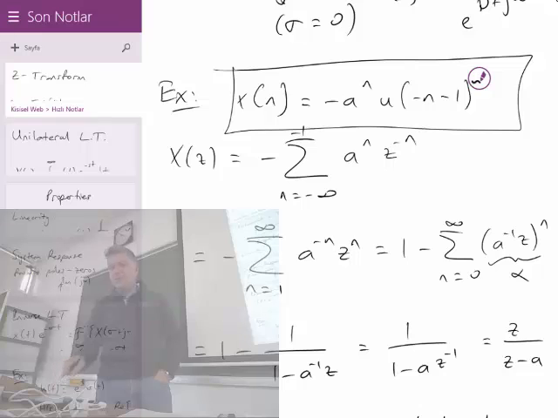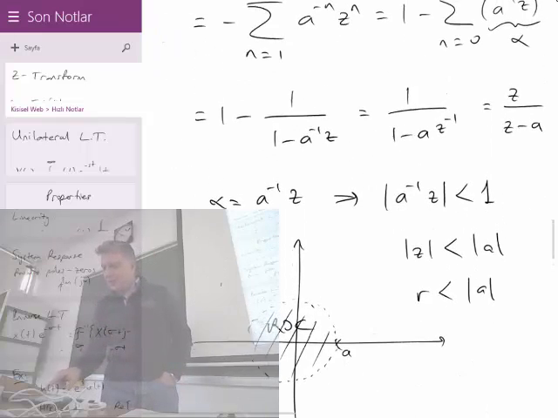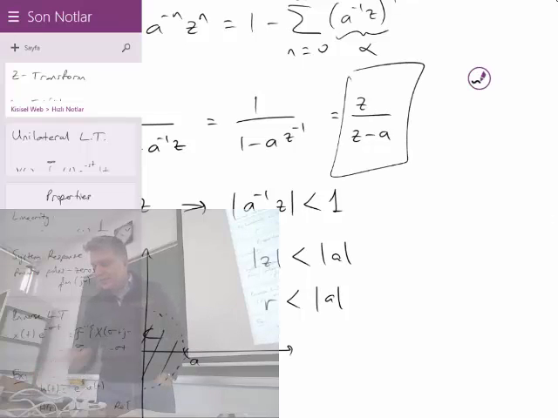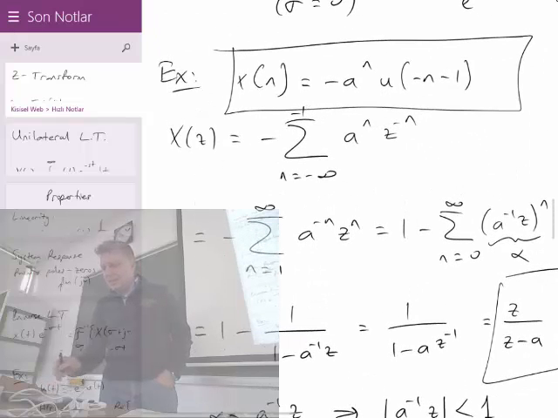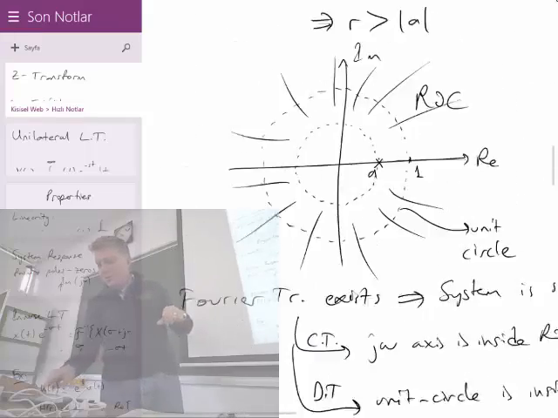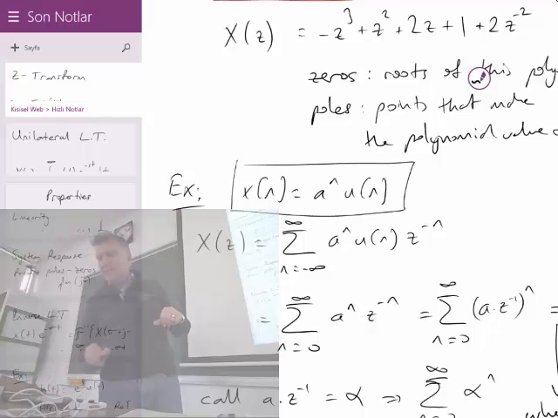We will have some Z transforms. For example, I will give you a Z transform and say that it is this. And ask you, what is the time domain signal? What is the inverse Z transform? You have to then decide, is it this signal or this signal, which is the answer.